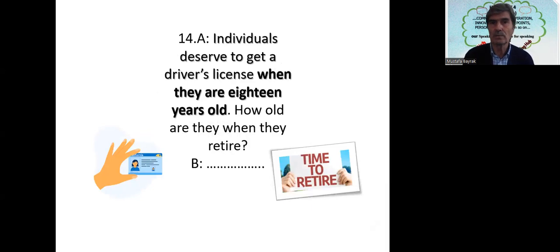Individuals deserve to get a driver's license when they are 18 years old. How old are they when they retire? It changes from country to country, but in my country, people retire at the age of 50.